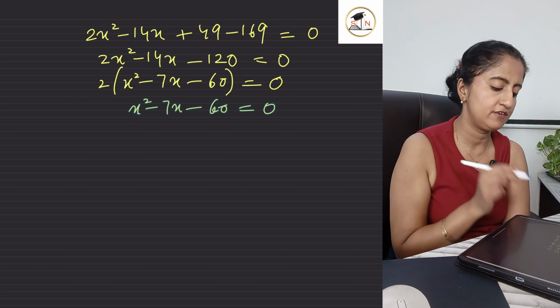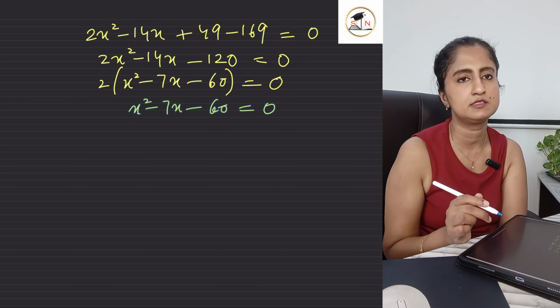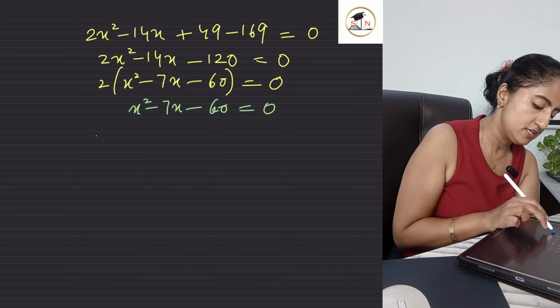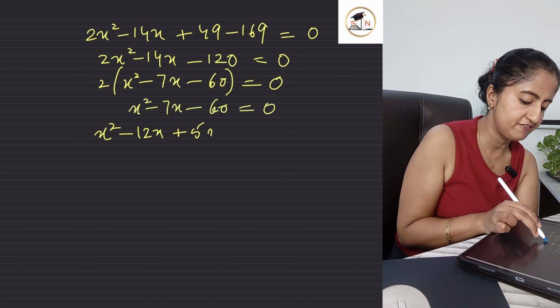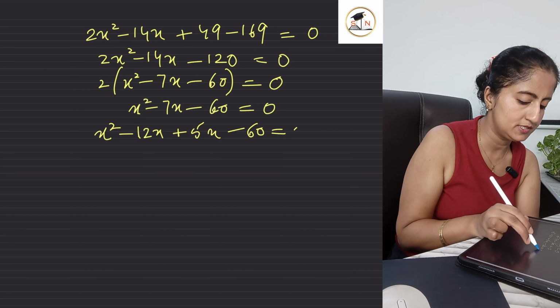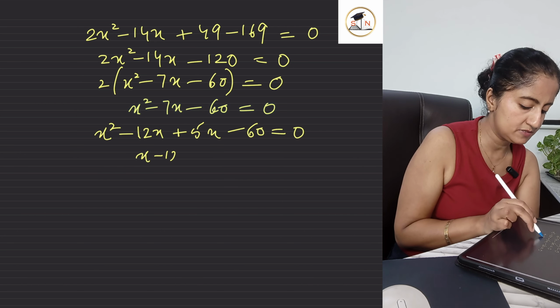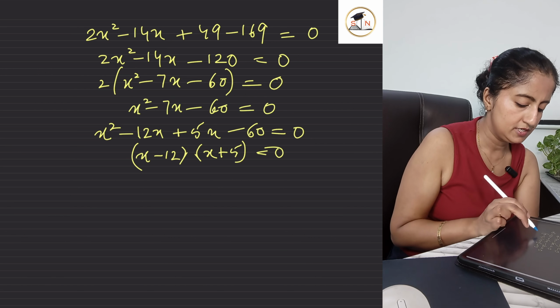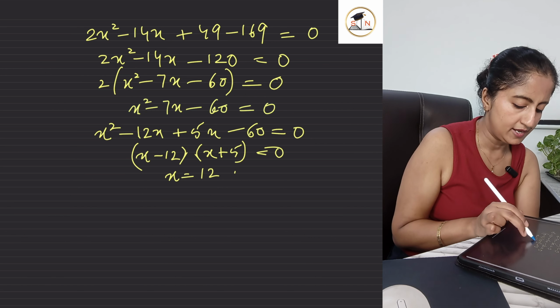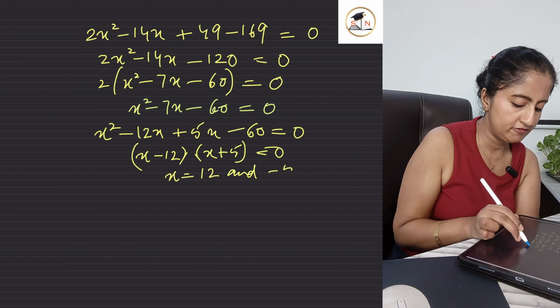60, and then we have 7 as a middle term. The factors 12 and 5, right? So x square minus 12x plus 5x minus 60 equals 0. And then we get x minus 12, x plus 5 equals 0, x equals 12 and negative 5.